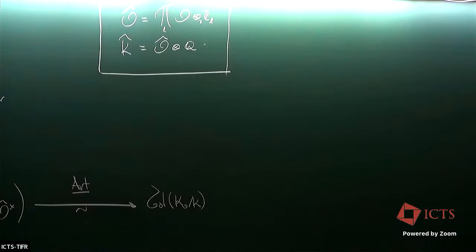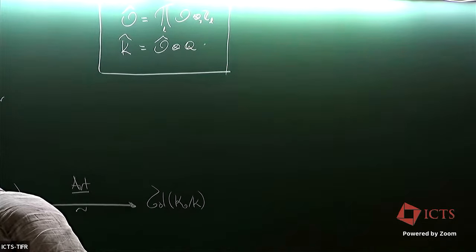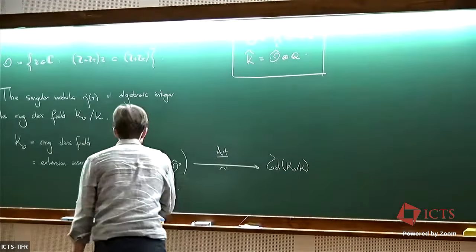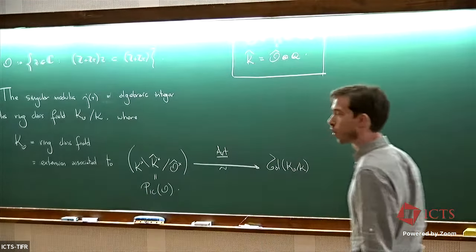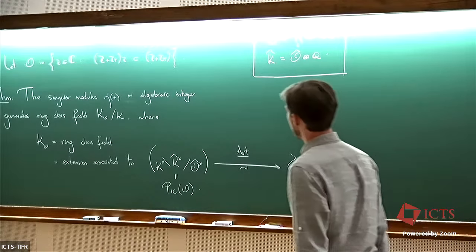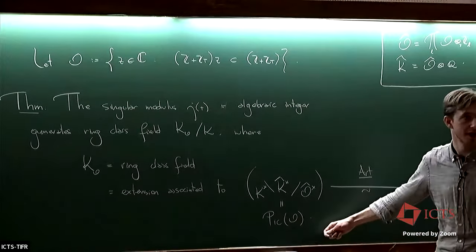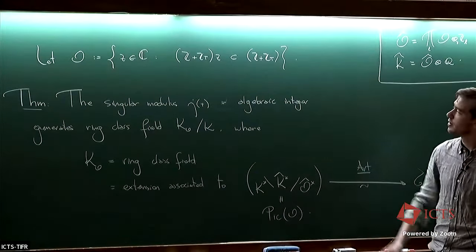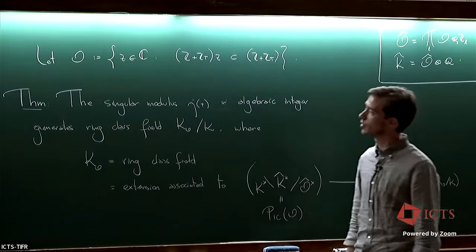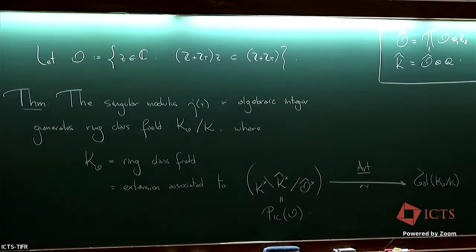Okay. So this adelic description here is, by definition, essentially the Picard group of O, which can be described globally as the set of non-zero invertible fractional ideals for O, modulo the principal ones. And so when O is a maximal order in K, this is just the class group of the number field K, but pay attention, O does not necessarily have to be a maximal order inside of the imaginary quadratic field that is its field of fractions.